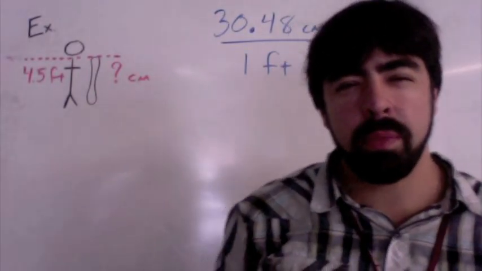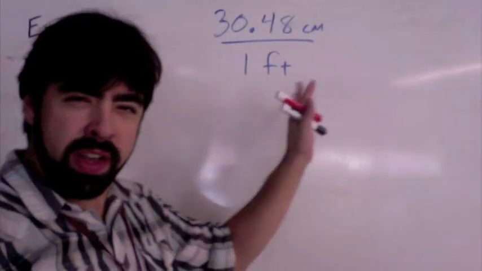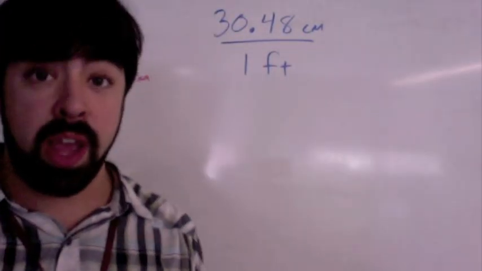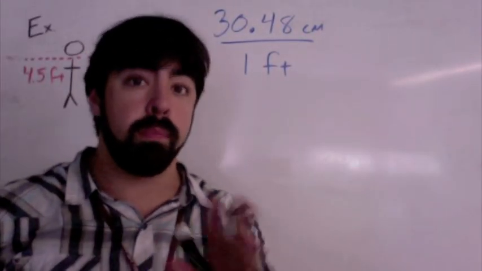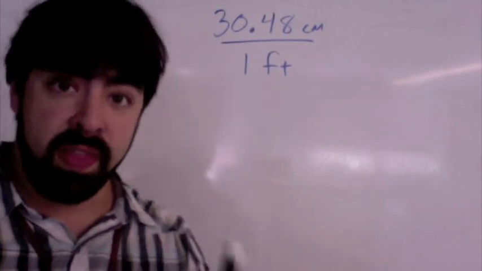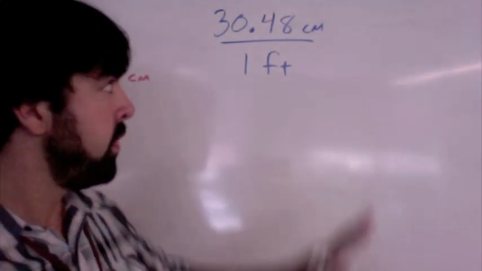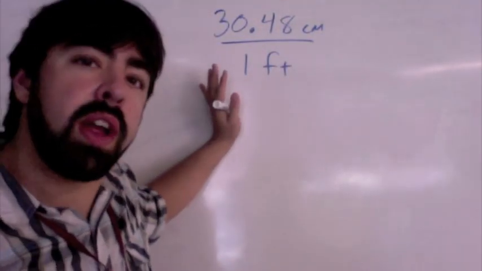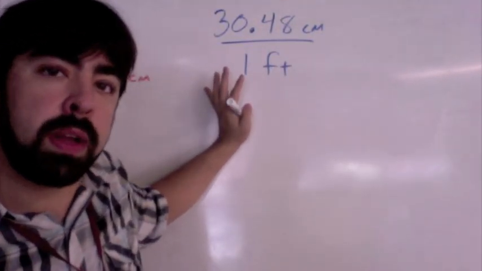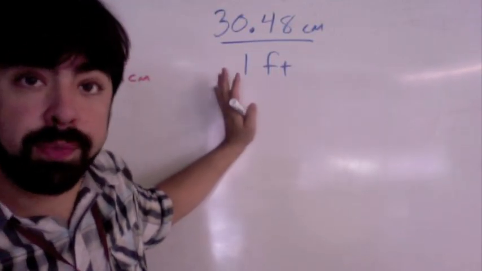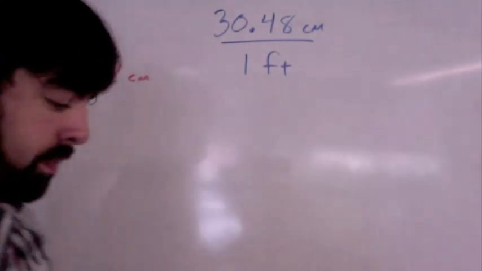Now, you're never going to be expected to memorize a weird, crazy number like this. They'll always be given to you. There are going to be a couple of numbers that I am going to expect you to memorize because they're very important and used frequently in this class and in the future in your other science classes, but this is not one of them. Whenever I give you a dimensional analysis problem, you're typically almost always going to be given the conversion factor. So, how do we do this?